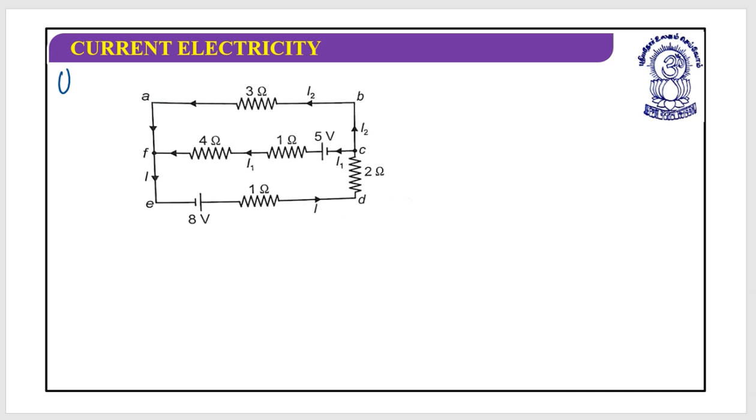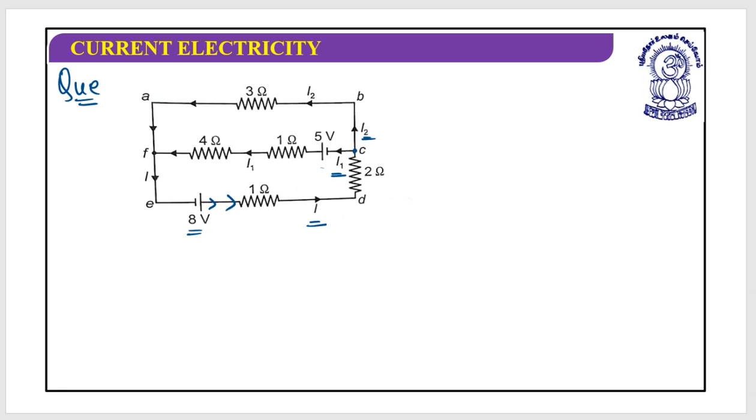The next question. What does it say? That a circuit diagram is given, and this is an 8-volt battery. A current is leaving from here. The total current I is leaving. From I, when the current reaches C, I have divided it into two segments again. It's I1, it's I2.